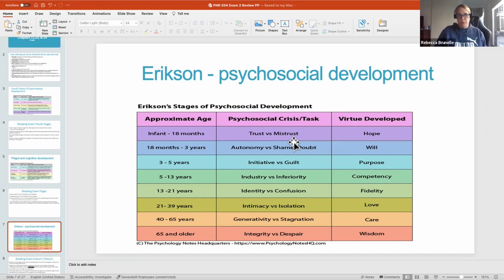Initiative versus guilt, which is the 3 to 5-year-old range. This is the preschool years, where you want them to try new things so that they develop a sense of initiative, but you also want them to try things that are age appropriate so that they learn that they can accomplish things. So don't expect a 3-year-old to always stay on the lines when he colors.